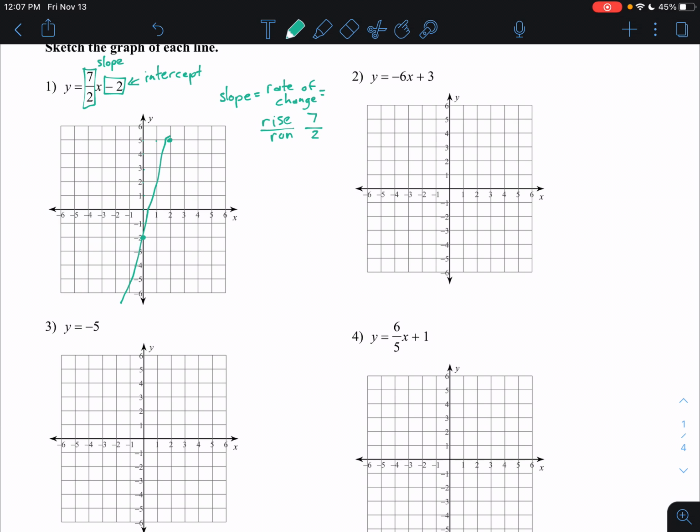If they give you a table to work with, you should probably use the table and figure out some other points, more than just 2. But with slope-intercept form, you find that intercept, and then you use the slope to determine where your next point is going to be. Then once you have 2 points, make a straight line going through them, and you're good to go.